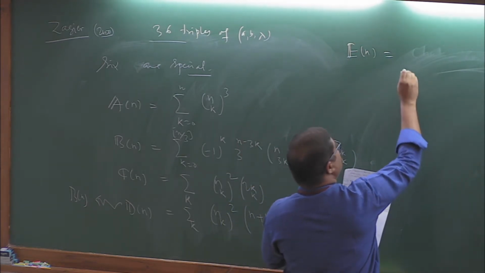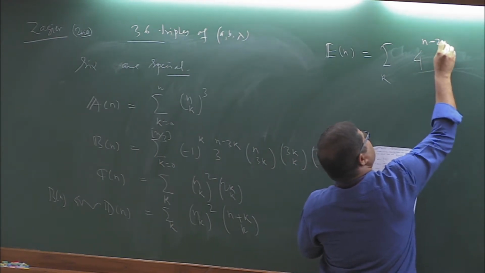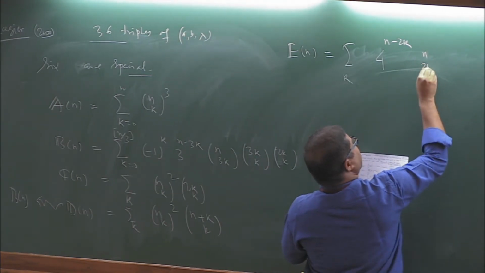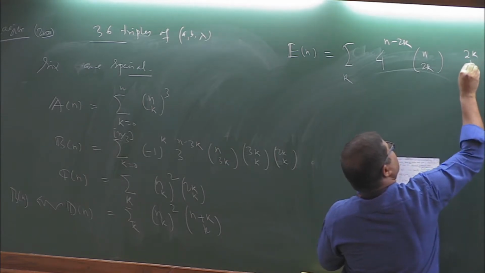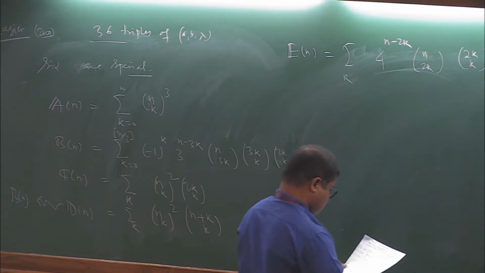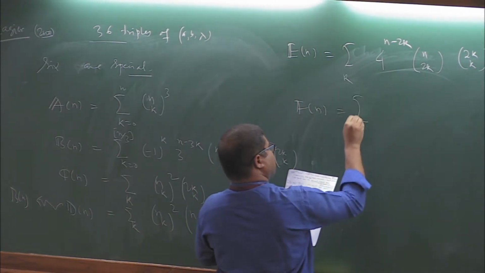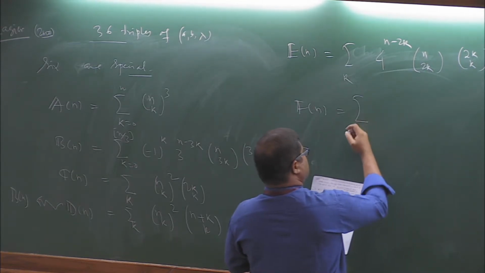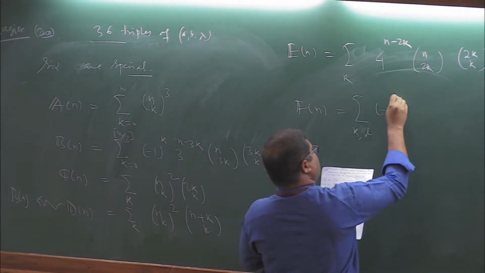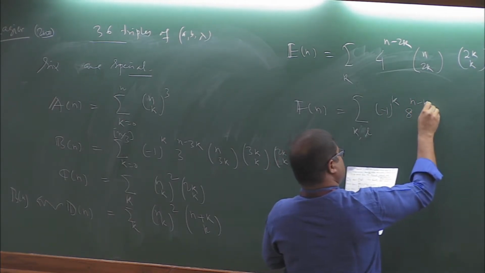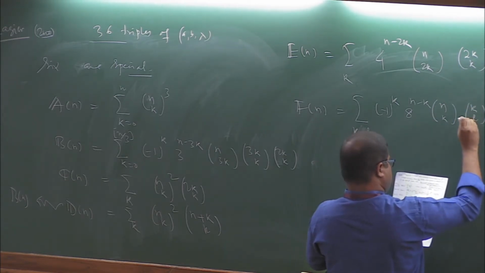Vn looks like the sum over k of 4 to the power n minus 2k, n choose 2k, 2k choose k squared, and another sequence of numbers is the double sum over k and l of minus 1 to the power k, 8 to the power n minus k, n choose k, k choose l cubed.